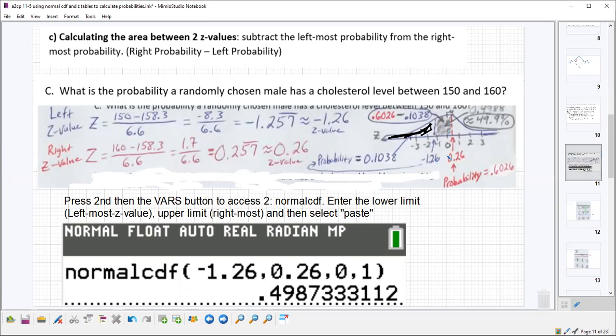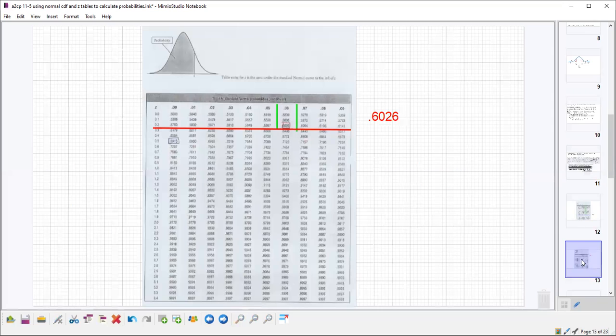Well, we'll have to actually look up the probability for this z-value, the right z-value. When we look that probability up, we'll need to go to the positive side. So now we're on the positive side. It has more shading up here and positive values. We go down to 0.2, over to 0.06. We see that's 0.6026.